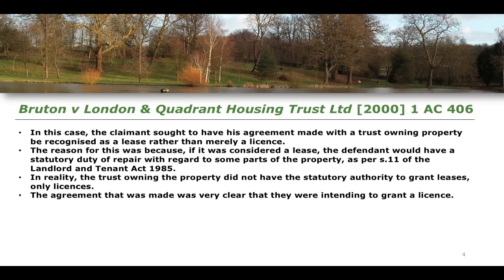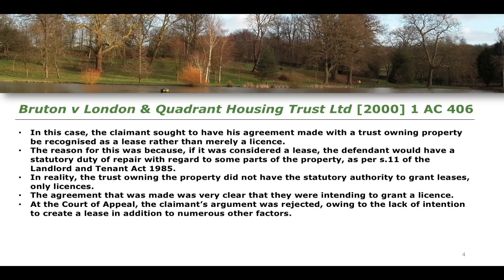Because in some circumstances we find that even though the agreement is called a license agreement, and even though it says this is a license, if by all accounts it represents the rights that are ascribed to an individual who has a leasehold, essentially if it acts like a lease, even if it is called a license, the courts will find a lease in those circumstances.